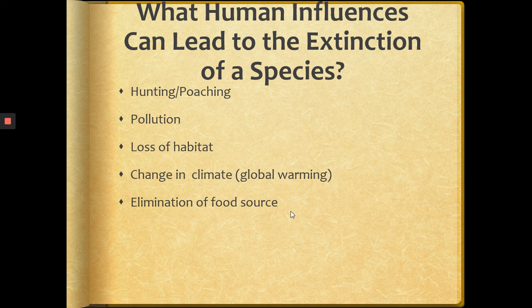We talk about every organism's niche or role in that particular habitat, okay? And the elimination of a food source can lead to the extinction of a species that relies on it. We think of overfishing, okay?